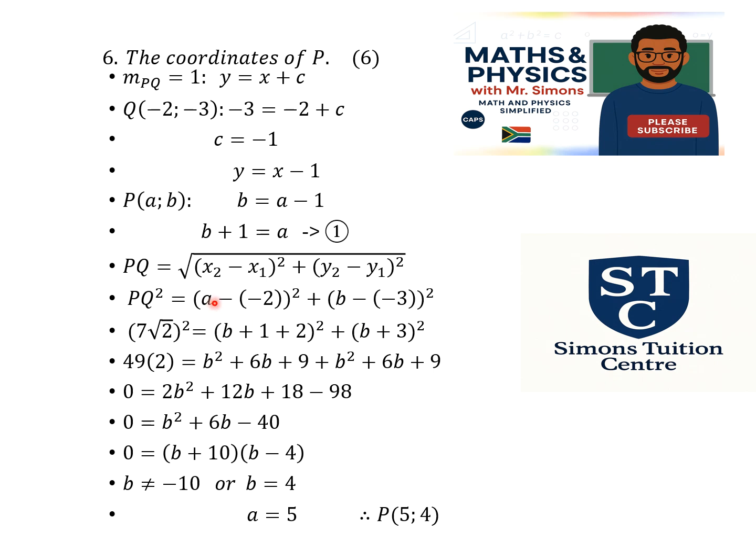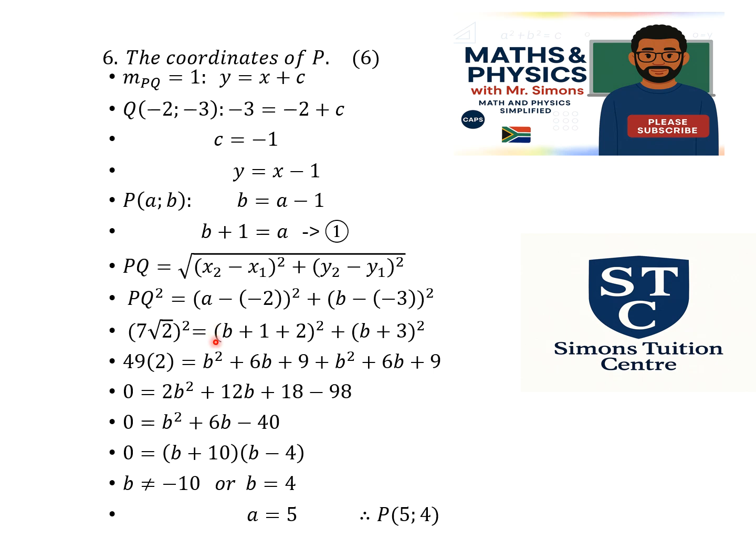But my a must now be p plus 1. So in a's place, p plus 1, negative times negative gives me plus 2, and p plus 3 squared, and PQ is 7 square root 2 squared.